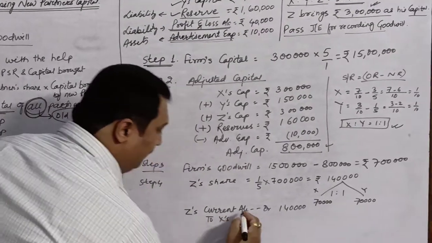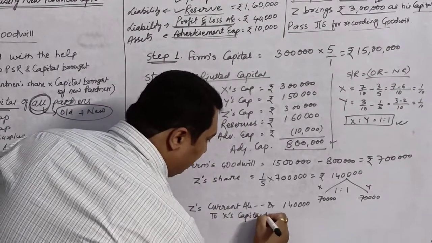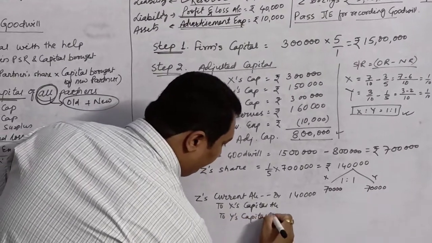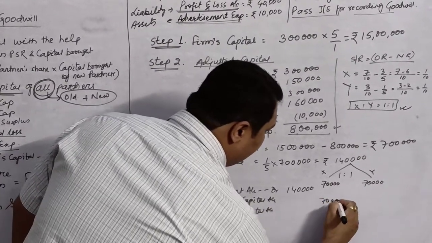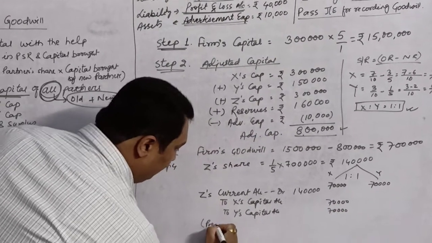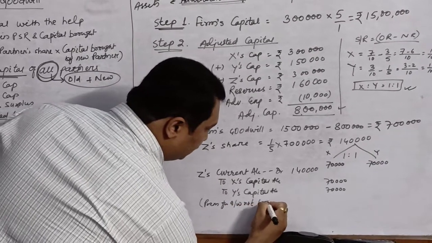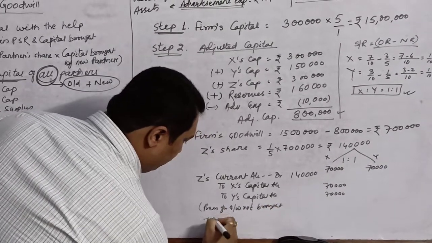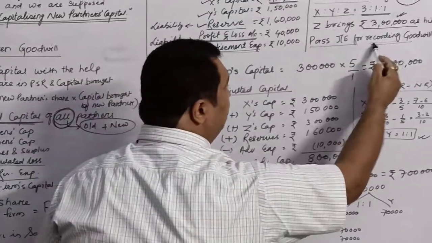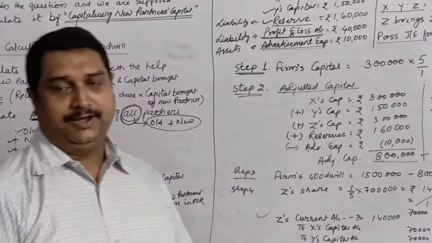So we will debit the new partner's current account, credit X's capital account and Y's capital account, 70,000 and 70,000. This is premium for goodwill not brought in cash. Since we were asked only the journal entry for recording goodwill, I have passed this journal entry.